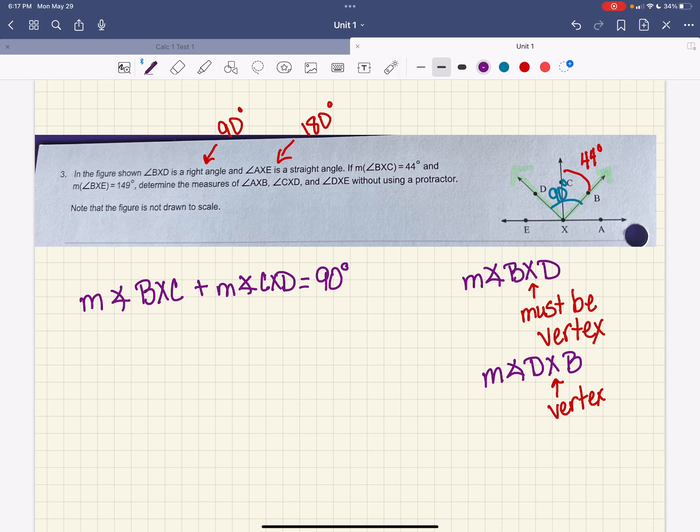So I am able to say that this angle is 44 degrees, and I know that 44 degrees plus CXD is equal to 90 degrees. So I'm able to subtract 44 degrees from 90 degrees to get the measurement of CXD, and that's going to be 46 degrees. So this one right here is 46 degrees.